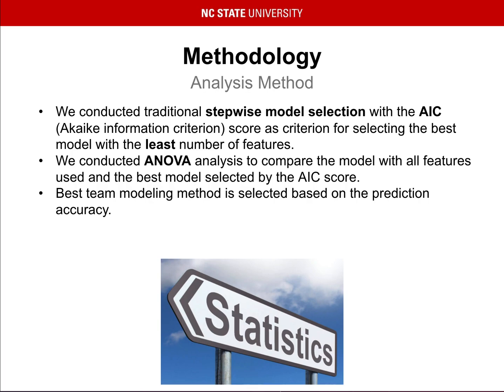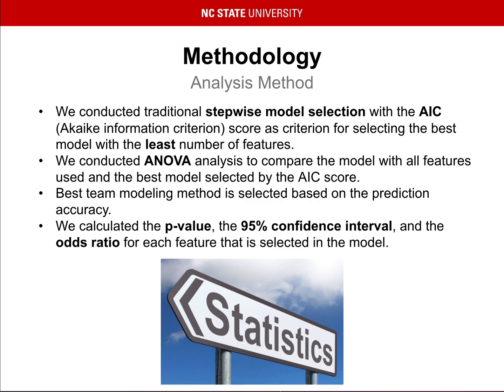We computed the prediction accuracy under the default threshold for all models. We select the best team modeling method based on the prediction accuracy. We calculated the p-value, 95% confidence interval, and odds ratio for each feature used in each model. We also gave a further interpretation of the physical meaning of the odds ratio.